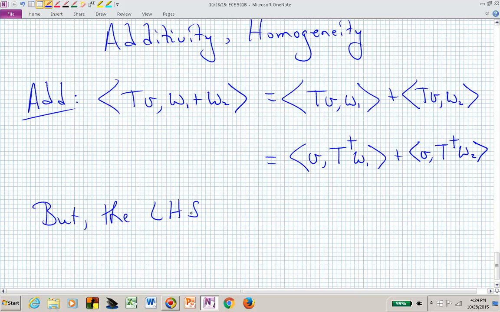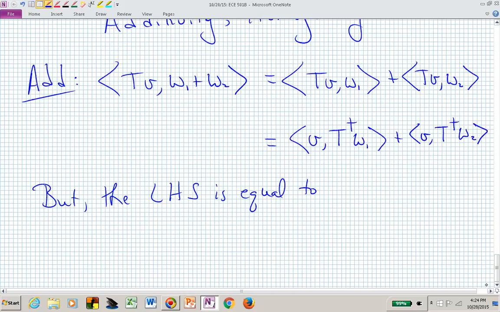But if we applied the adjoint formula to the original left-hand side, what would that look like? What's the left-hand side equal to if we used our adjoint relationship? Now we're moving that T to the second slot.